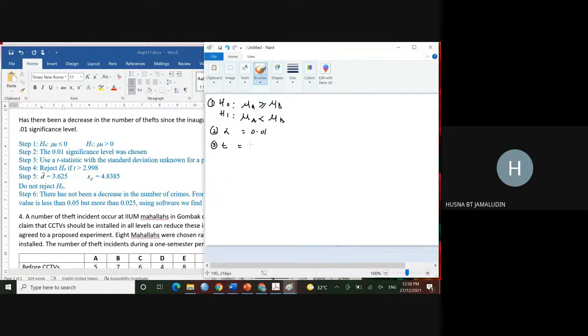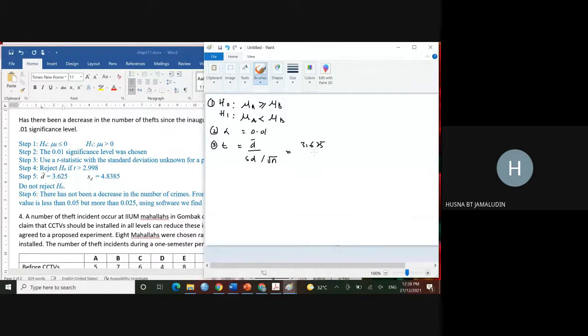So what is the formula for T? D bar over SD, the standard deviation of the difference, divided by the square root of n. The D bar here is 3.625, just for those who have answered this question. I wanted to give you the answer. So 3.625, the same working as we have computed before for the D bar.